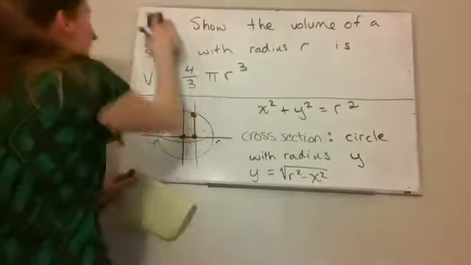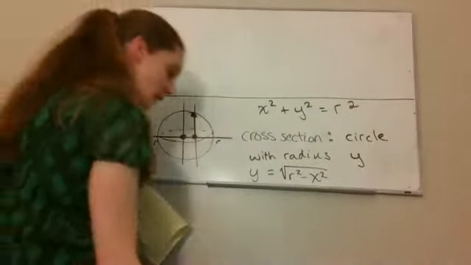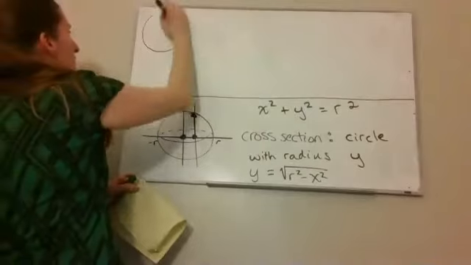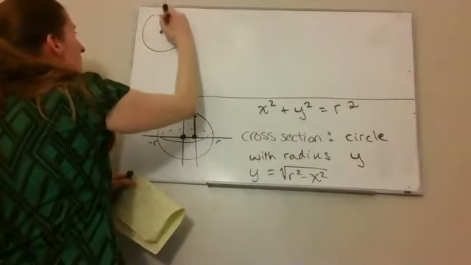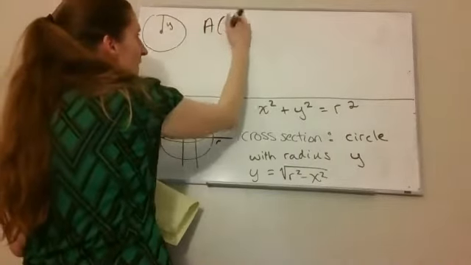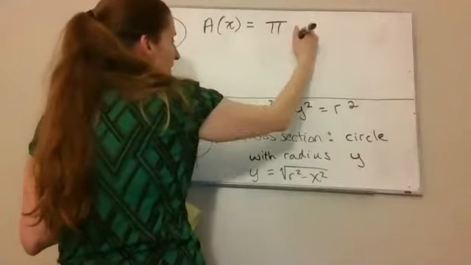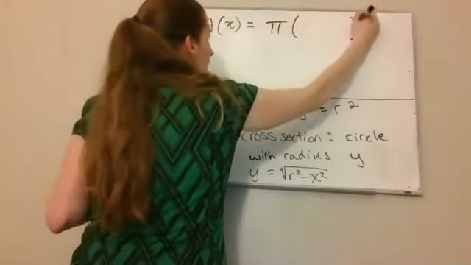So, what is the area of this cross-sectional circle? My cross-sectional circle looks like this, and my area is equal to pi times the radius squared.